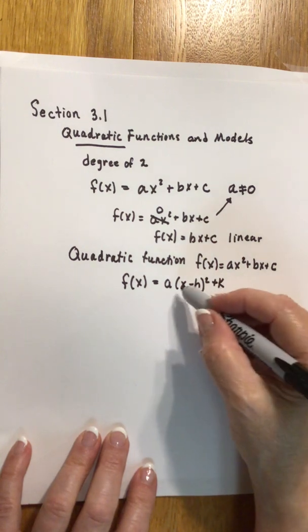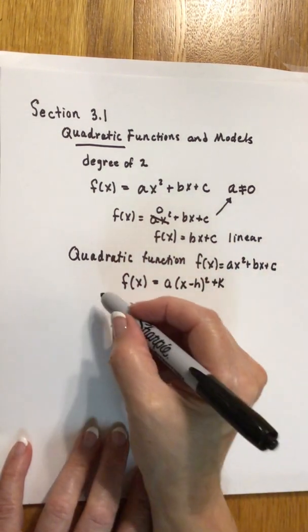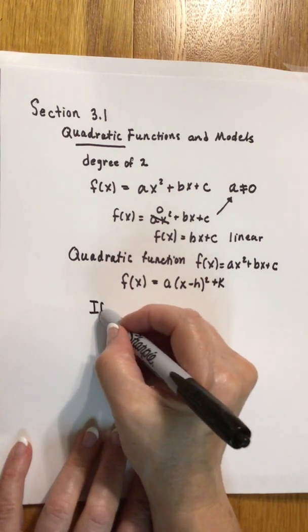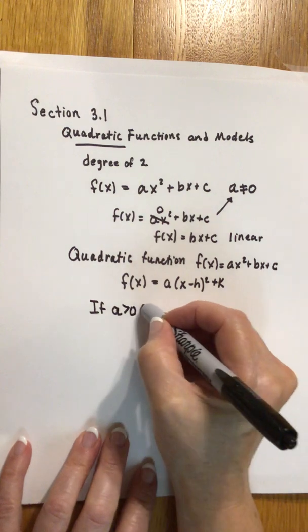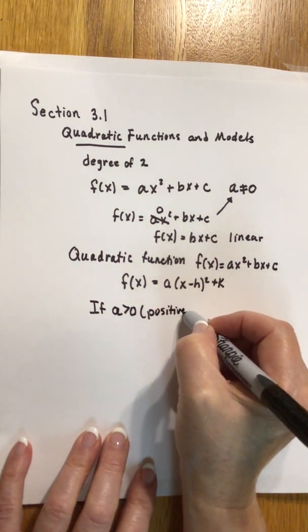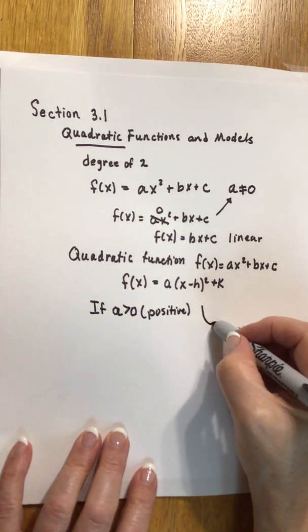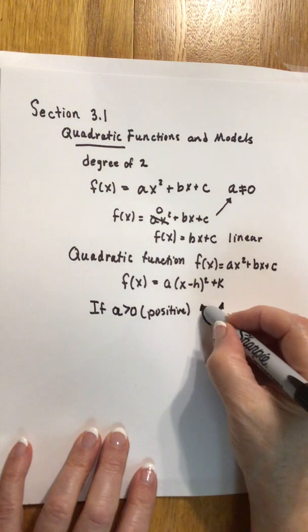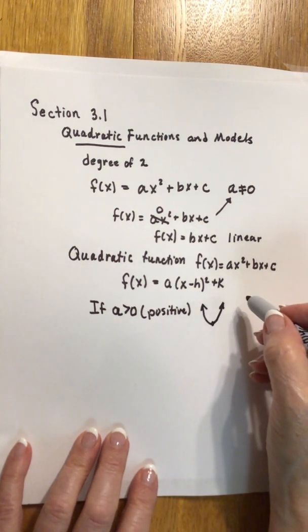Now, one thing we know about the a in both of these two formulas is that if a is positive, then the parabola opens up. So this is a picture of a parabola. It opens up where the vertex is at the bottom.